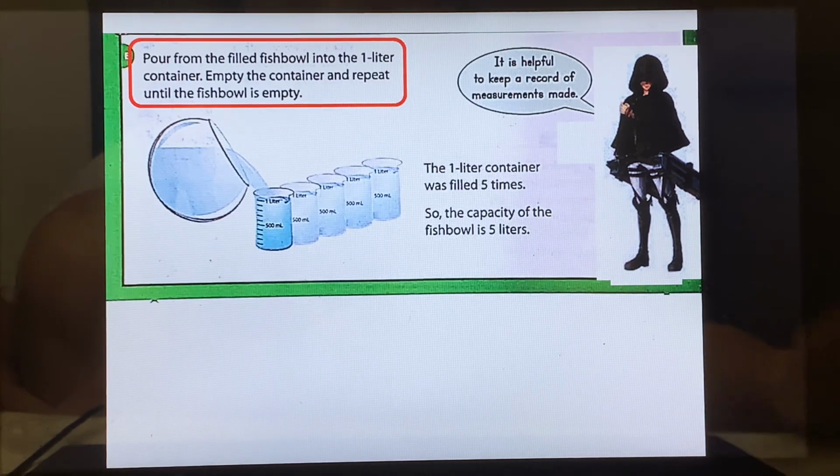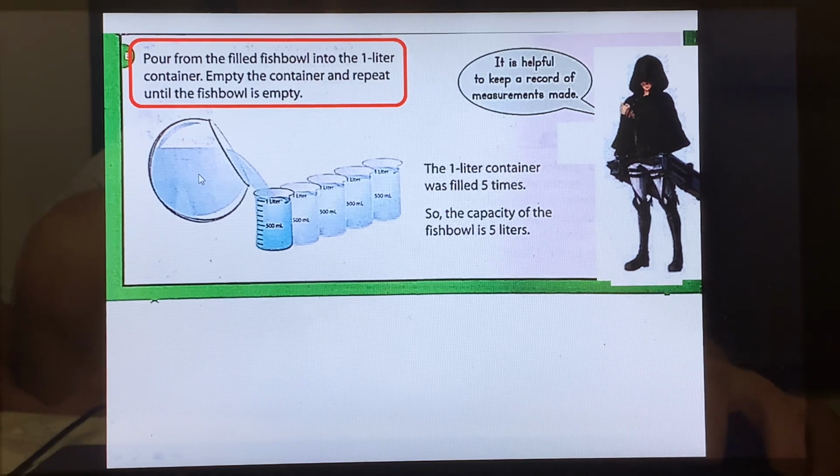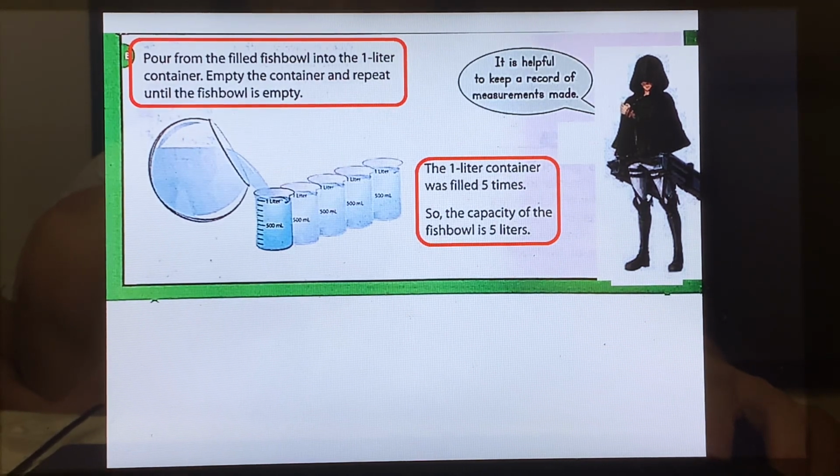他说呢，用这个1公升容量的这个量杯，然后呢，把这个鱼缸的水呢倒在量杯里面，看能够倒几次，这样子来测量这个鱼缸的容量。The 1 liter container was filled 5 times, so the capacity of the fish bowl is 5 liters. 那因为它可以倒了5次这个杯子，所以这个鱼缸的容量就是5 liters.